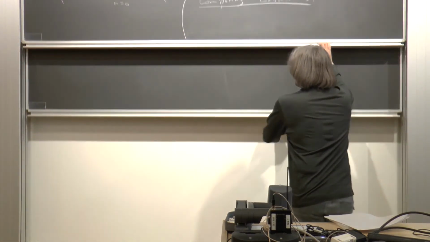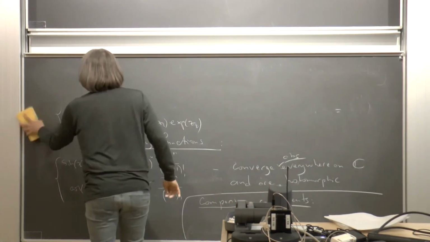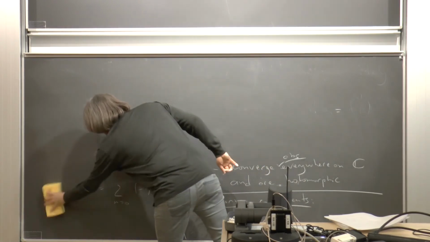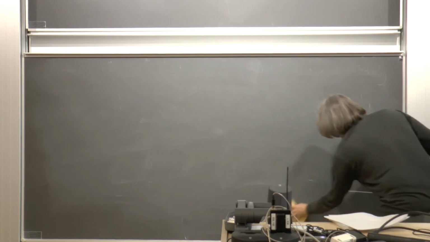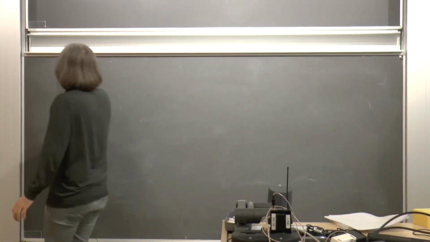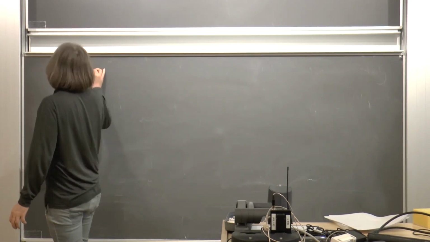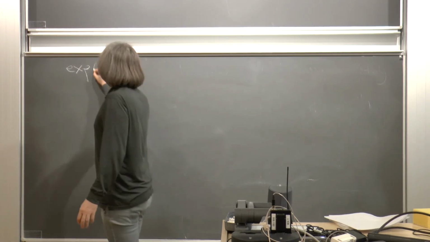So let me try to prove one of them, and then the rest of them are proved exactly in the same way. So I don't know how you proved it in high school, but this is the correct way to do it. So we know that the exponential function is additive.